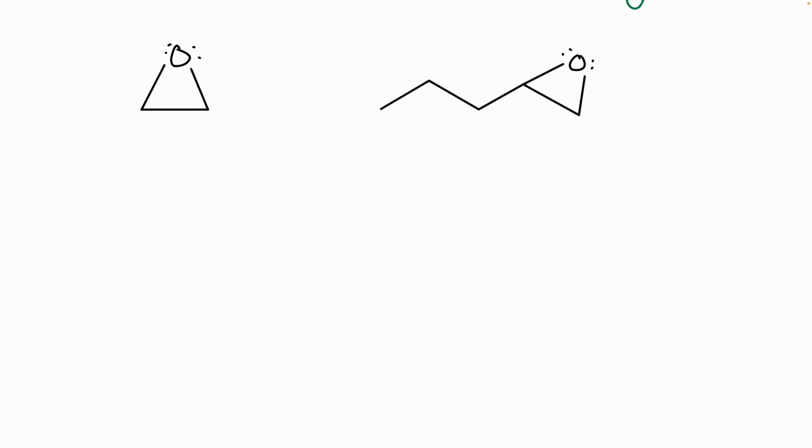And again, that's because they're very reactive. So why is that? All right, so epoxides, let's just kind of focus in on this little triangle here. Does anybody remember from general chemistry the type of bond angle that carbon likes to have? 109.5.